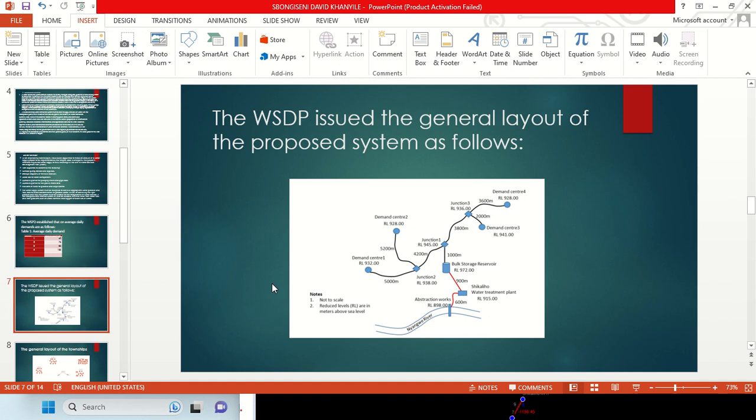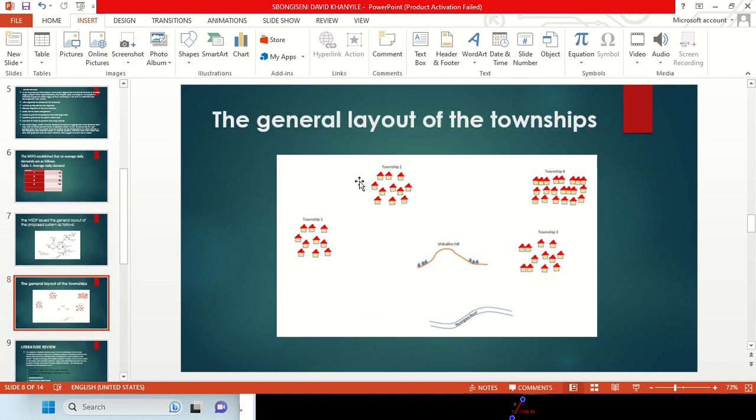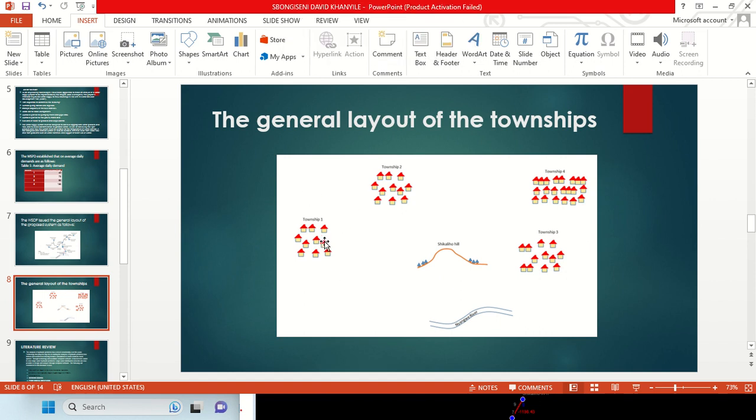We will consider the following: the size of the pipes, the junctions, and the pumps, which play a huge role in distributing the water to the community. The following is the general layout of the townships, where we see townships number 1, 2, 3, and 4.